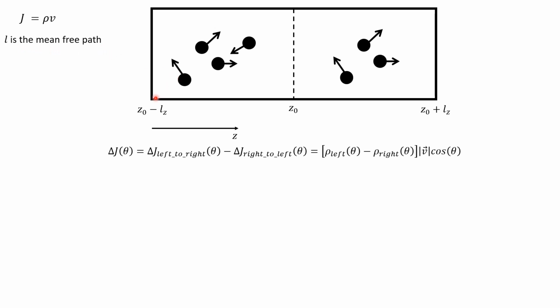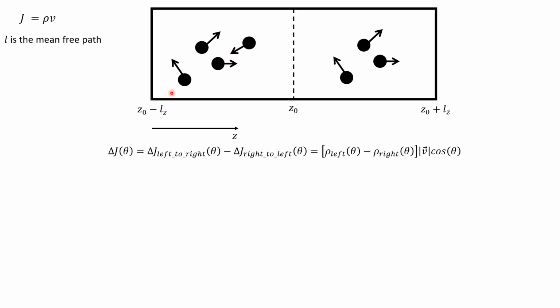And since what matters is the distance propagated in the horizontal direction, this length is the projection of the mean free path on the z-axis. So we are denoting it with the letter Lz. So Lz is L times cosine of theta. For example, if the particle is propagating with an angle of 45 degrees, then the maximum distance it will propagate without collision would be L, and it will be the diagonal.